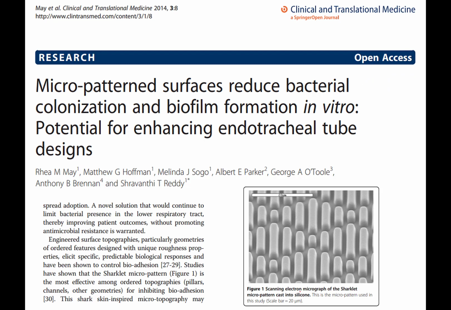Down here you can see this was silicone. So we're talking about PDMS, polydimethylsiloxane, and here you can see these diamond shapes that are made up of these little pillars or ridges, and you see there are grooves there. So that design is very intentional. They looked at a lot of different designs as they developed this concept.